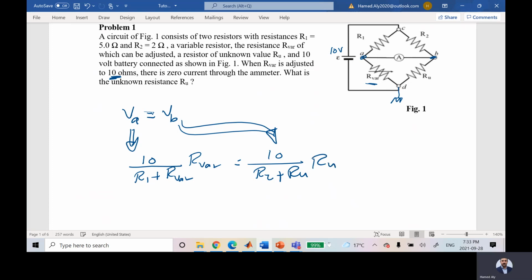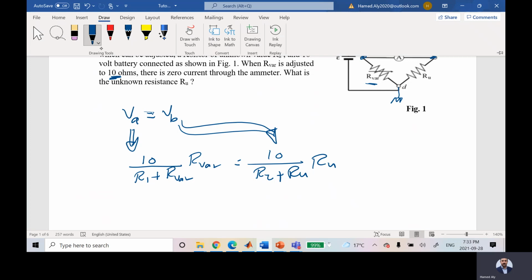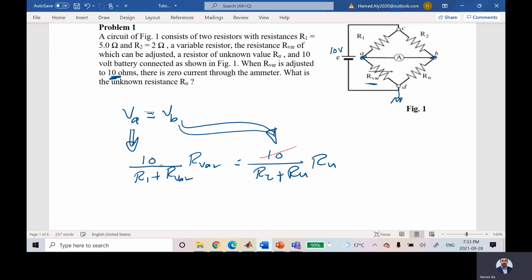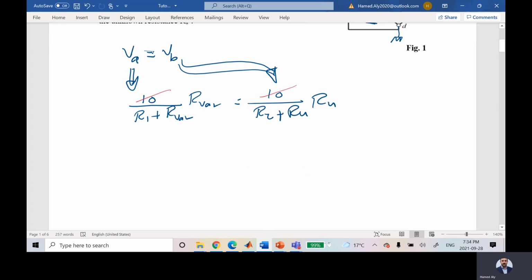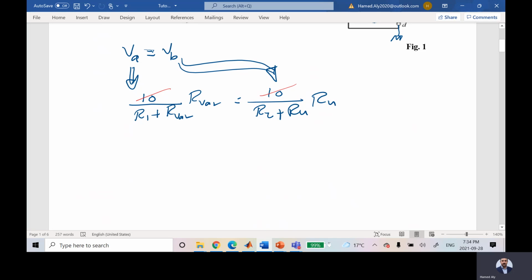Yes. I can cancel this guy with this guy. At the end, I can rewrite these equations as R variable divided by R1 plus R variable equals RU divided by R2 plus RU.